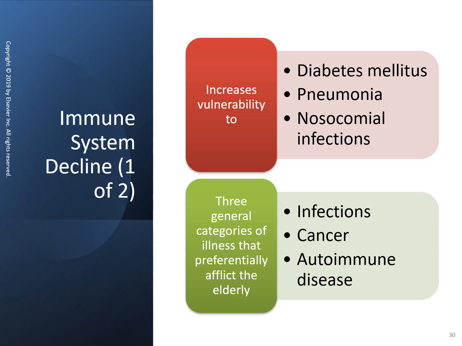Immune system decline. So diabetes, pneumonia, nosocomial infections, all those risks increase with immune system decline. Infections, cancer, and autoimmune disease manifest more in elderly people as well, and they are all related to immune system decline.